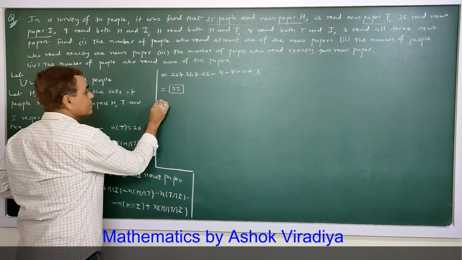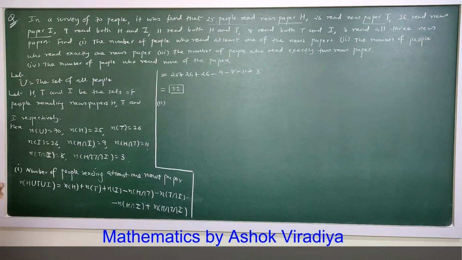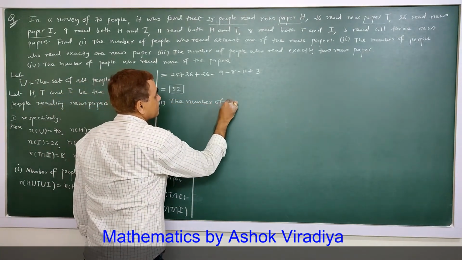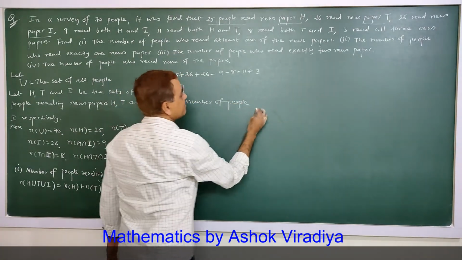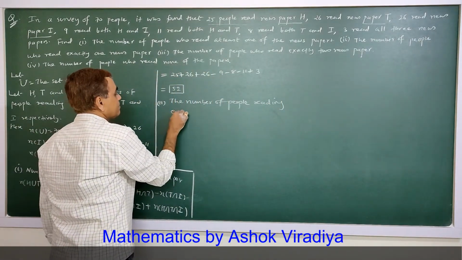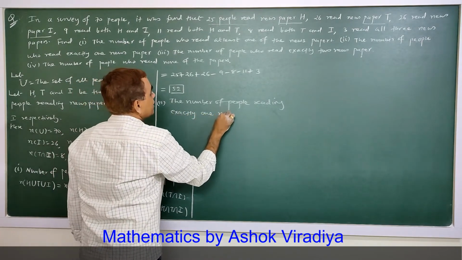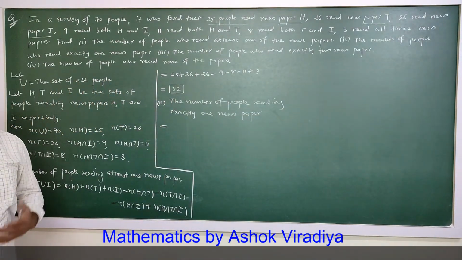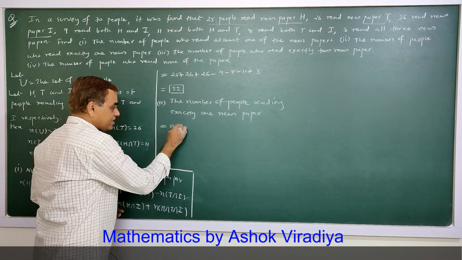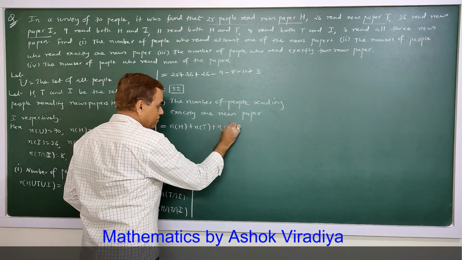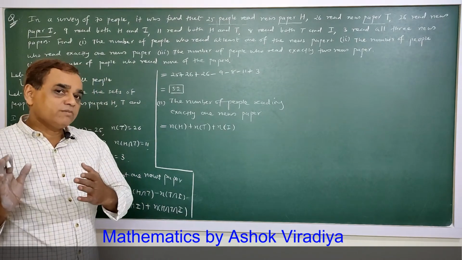Now second question. The number of people who read exactly one newspaper, and the formula is, as just discussed in the formula part, number of elements in H plus number of elements in T plus number of elements in I. In the formula we use symbol ABC.